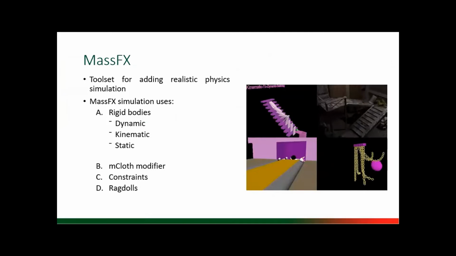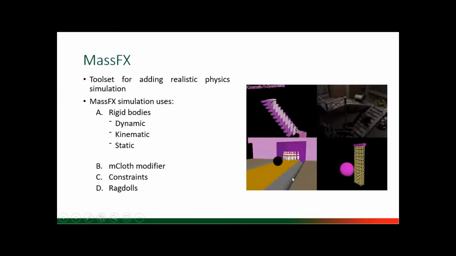MassFX is basically a tool set for adding realistic animation into your scene. So if you could imagine the animation for balls dropping down to the floor, or a bowling ball hitting the pins, right?